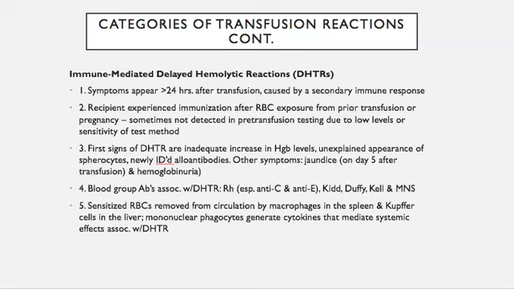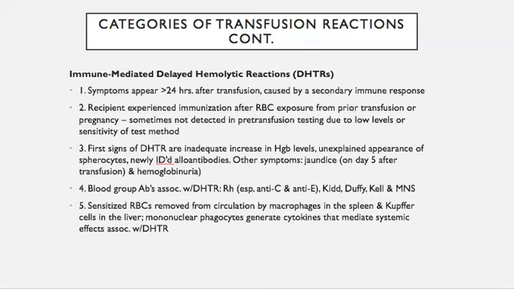Unexplained appearance of spherocytes, newly identified alloantibodies, and then some other symptoms could include jaundice, which could be on day 5 or after the transfusion, as well as hemoglobinuria. Some of the blood groups that are associated more so with delayed hemolytic transfusion reactions are the Rh blood group, especially big C and big E, Kidd, Duffy, Kell, and MNS.